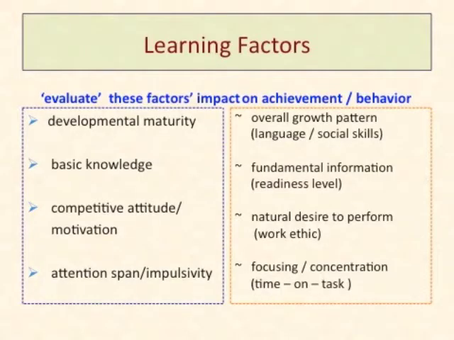First, developmental maturity represents each individual student's uniqueness in terms of their growth pattern, any handicapping conditions, special education needs, and/or other developmental delays. Assume that on average, girls mature more rapidly than boys, particularly in language and social skills, 2 absolutely fundamental requirements for long-term academic progress.